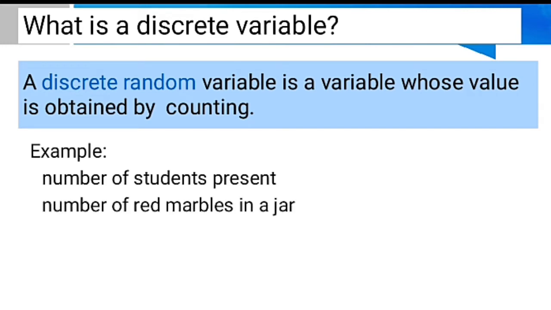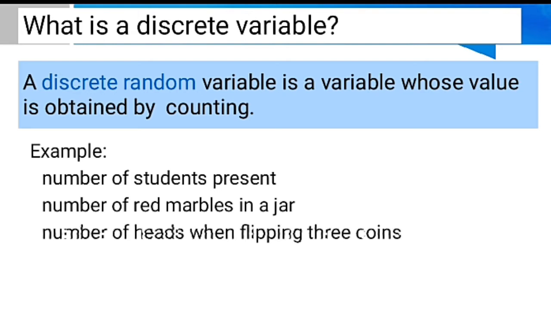Another one is the number of red marbles in a jar. Each marble is counted as 1. So 1, 2, 3, 4, 5, 6, and so on and so forth. Another is the number of heads when flipping 3 coins. When you flip 3 coins, how many heads appear? It's either 1, 2, or 3.